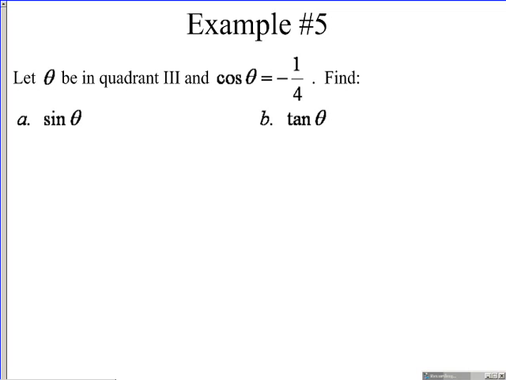Let theta be in quadrant 3, and the cosine of theta is -1/4. So we know our triangle's in quadrant 3. Cosine of that angle is -1/4. That's adjacent over hypotenuse. Pythagorean theorem to find the missing side.